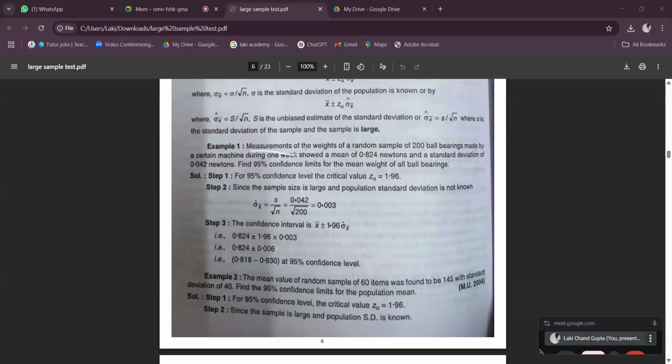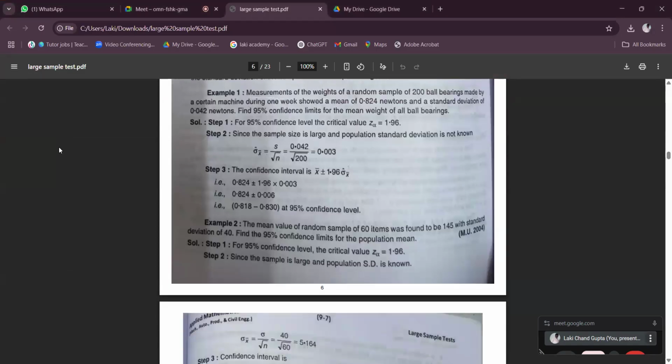Read this question. Random samples means the number of samples is 200, right? So I'm writing here n is equal to 200. Made by a certain machine during 1 week showed a mean.